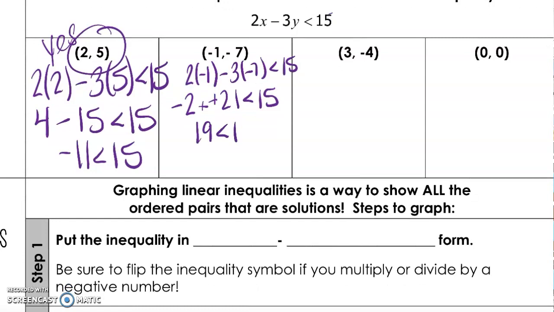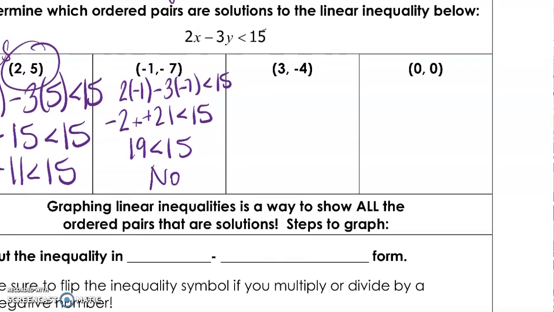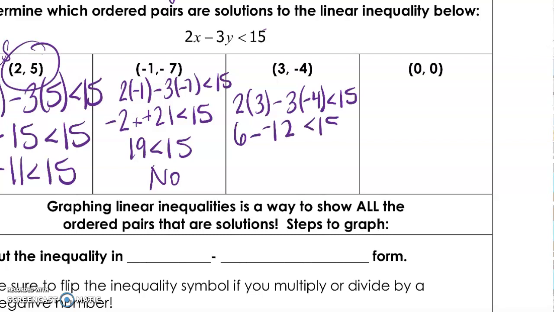So 19 is less than 15, which is not true, so no. Go ahead and try the last two to see if you can get those. So 2 times 3 minus 3 times negative 4 is less than 15. 6 minus negative 12, less than 15. 18 is less than 15, so that one is a no.